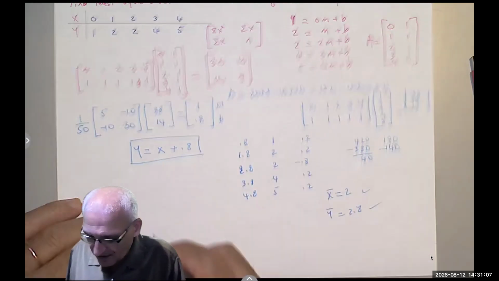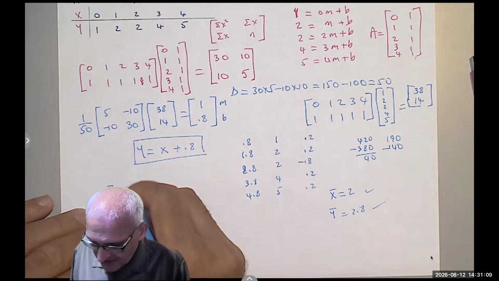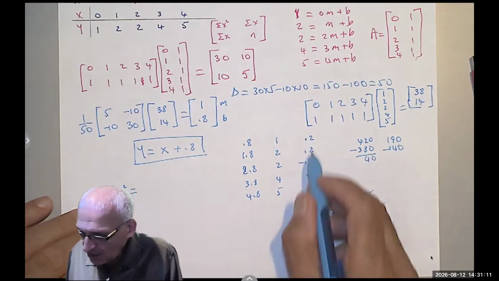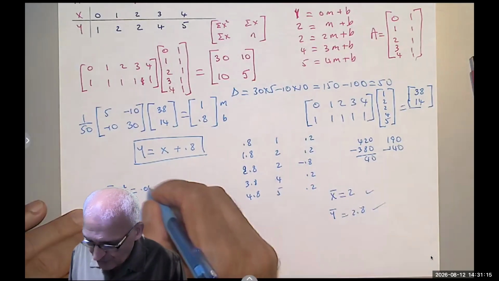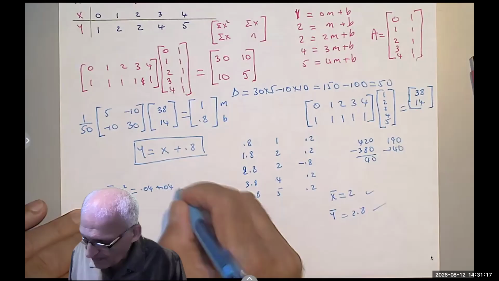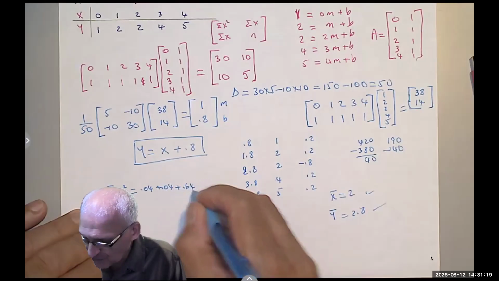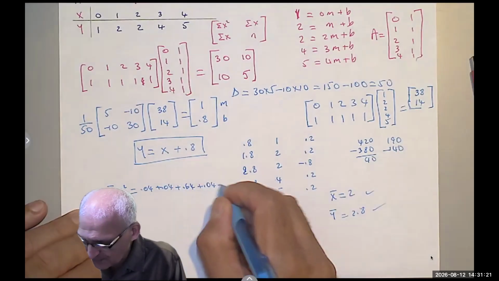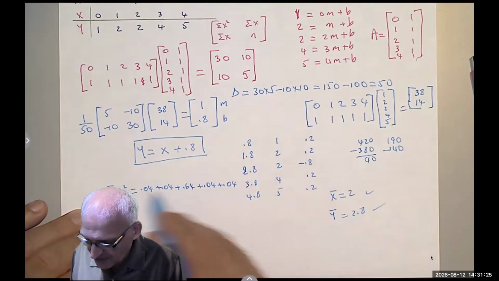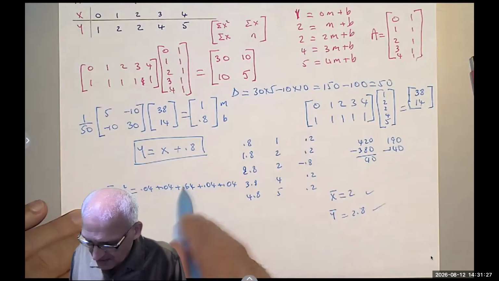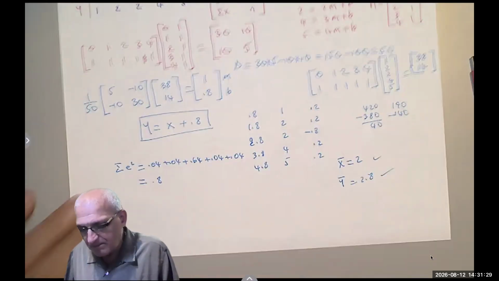The sum of squares of the error would be 0.2 squared, which is 0.04, plus 0.04 plus 0.64 plus 0.04 plus 0.04. That would be 0.8.